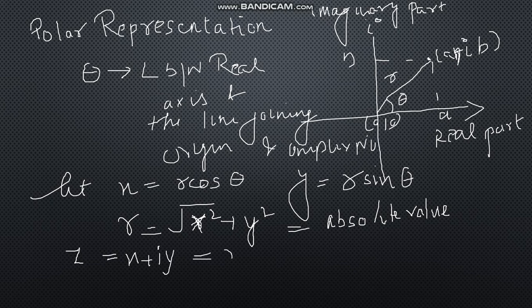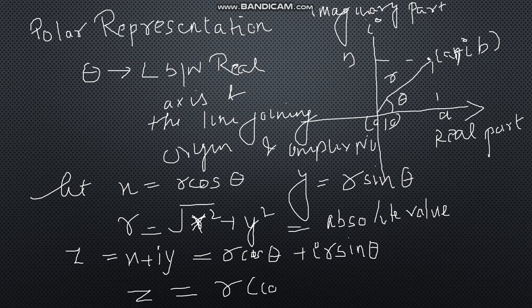So z is r cos theta plus iota r sin theta. On simplification, the complex number is equal to r (cos theta plus iota sin theta).